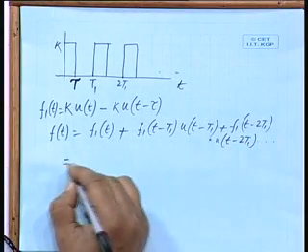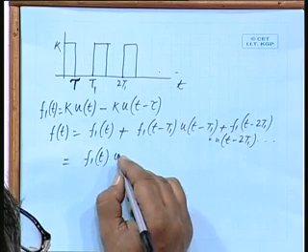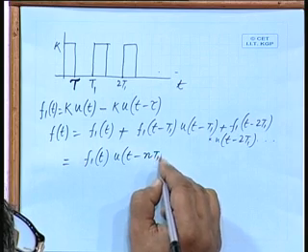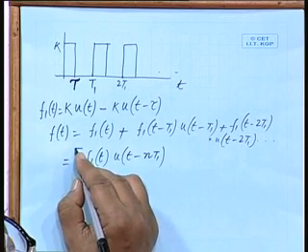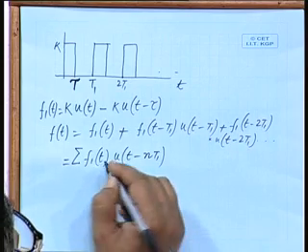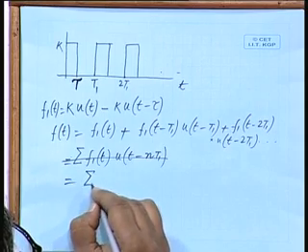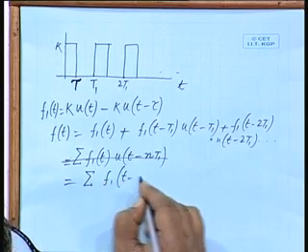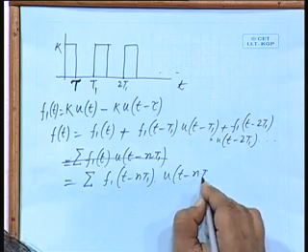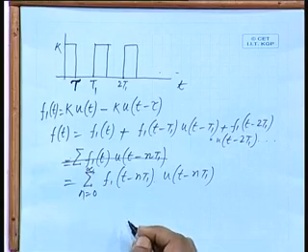So, it can be written as f1 t u t minus n t1. Is it f1 t or f1 t minus n t1? Yes, f1 t minus n t1 u t minus n t1 summated over n 0 to infinity.